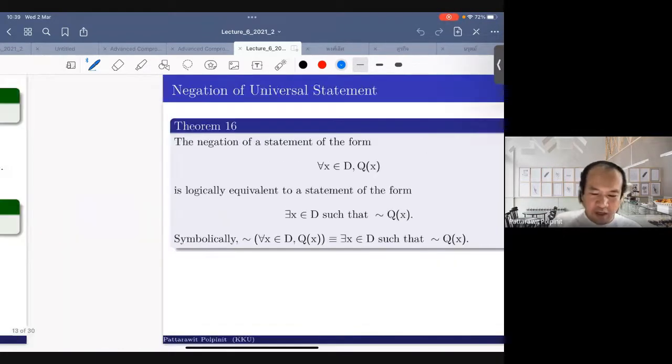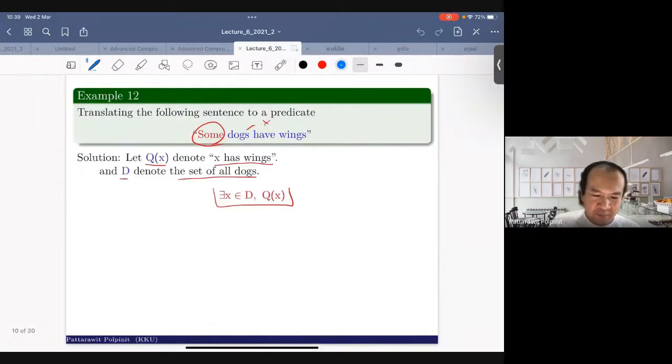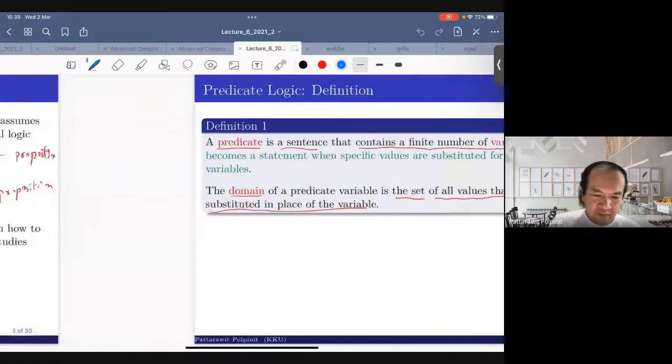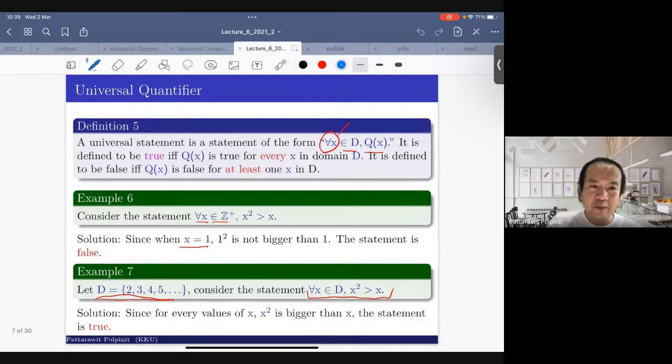Let's continue from what we had last time. Last time we discussed two kinds of sentences. The first one is the universal quantifier statement, which is a statement that has the universal quantifier, the symbol for all, in the sentence.